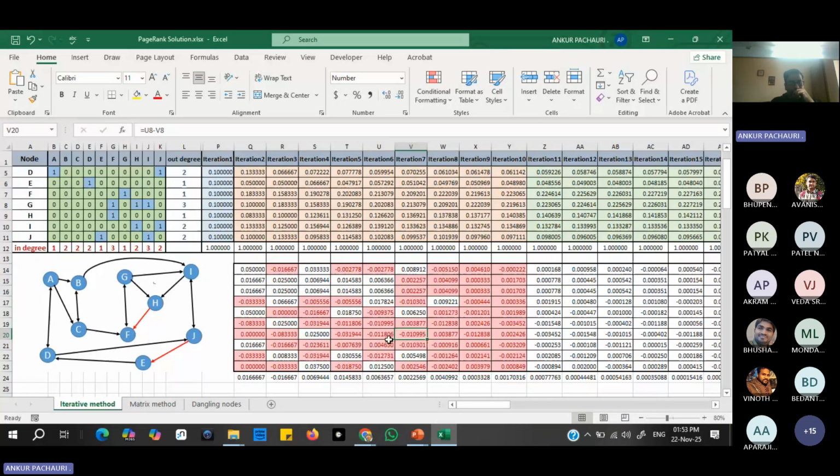Now you can see in this, many were 0.005, many were lesser than 0.005. If we use an absolute function, then I think it will be good, covering both positive and negative differences. Otherwise, this difference will not work.